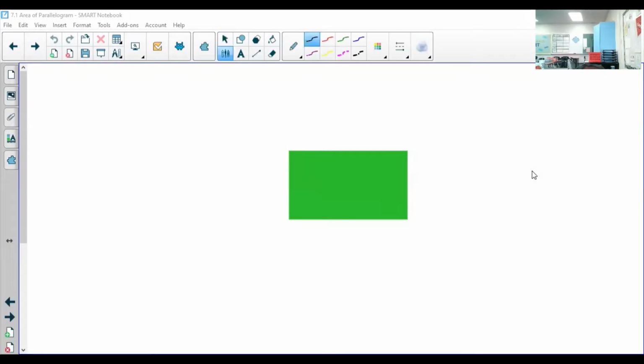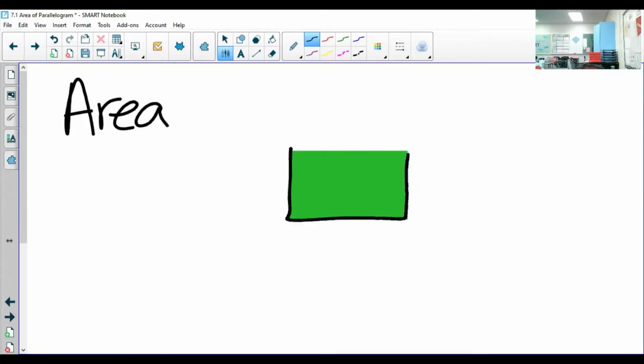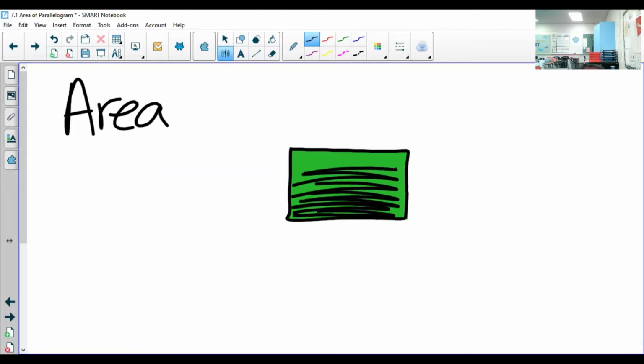All right, so what we are doing, we are finding the area. And when we find the area of a shape, for example, I have here this green rectangle, okay? And if I wanted to find the area of this rectangle, I would be finding how much space does this shape take up. All of this here that I just shaded in, how much space is that? And we would find the area by multiplying the length times the width.